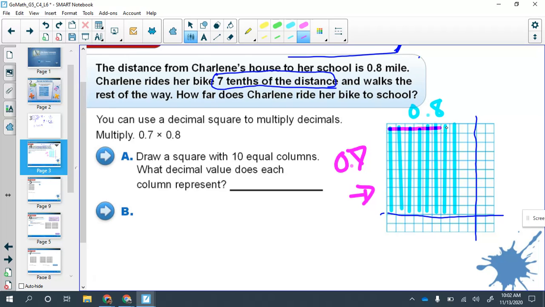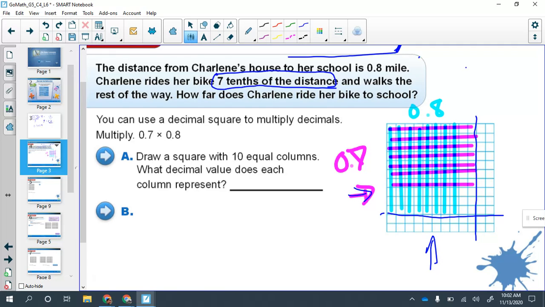So I'm going to color 7/10 going this way: 1, 2, 3, 4, 5, 6, and 7. So I have created this model that has 8/10 going up and down and 7/10 going side to side.